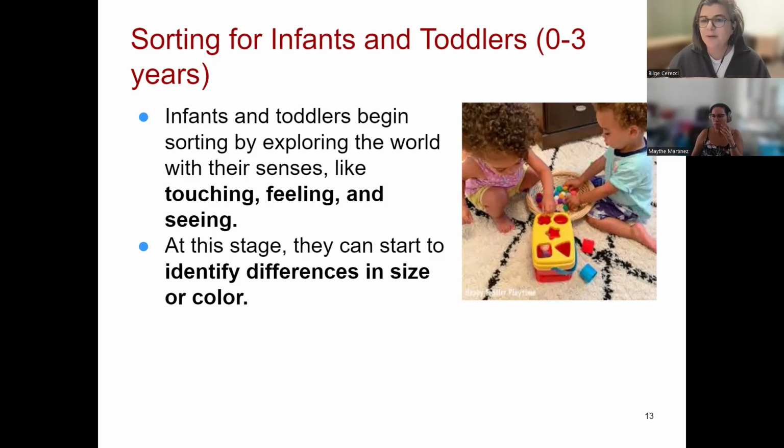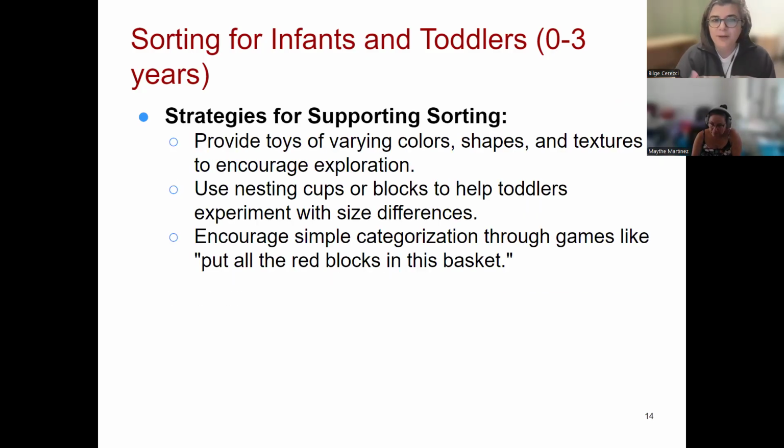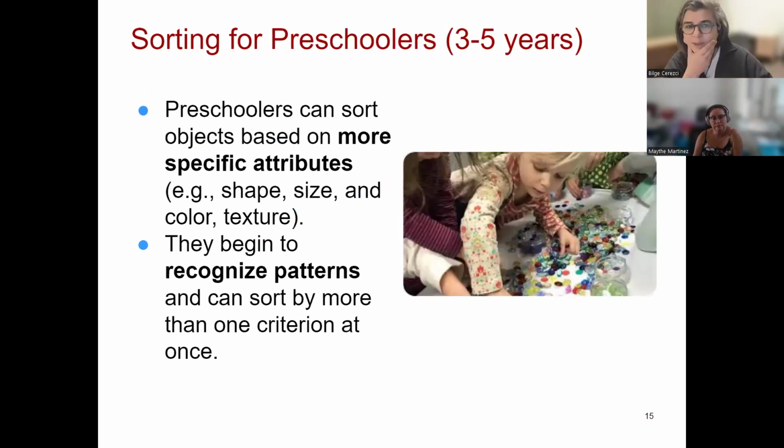Really, really simple sorting and grouping activities could be developmentally appropriate for infants and toddlers. You can provide them with varying colored toys, shapes, and textures that will encourage their exploration. It could be the nesting cups, the ones that you can build up or put inside one another, and things like that could be developmentally appropriate activities for them.